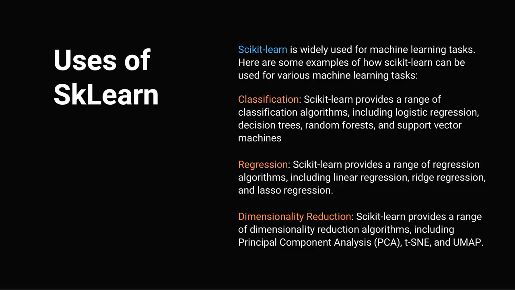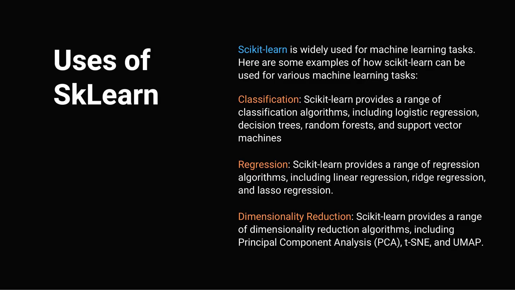Scikit-Learn is a popular machine learning library for Python. Here are some of the common use cases of Scikit-Learn. Classification. Scikit-Learn provides a variety of classification algorithms for solving problems like spam detection, image classification, and sentiment analysis. Regression. Scikit-Learn also provides a range of regression algorithms for predicting continuous numerical values. These algorithms are commonly used for tasks like stock price prediction and weather forecasting.